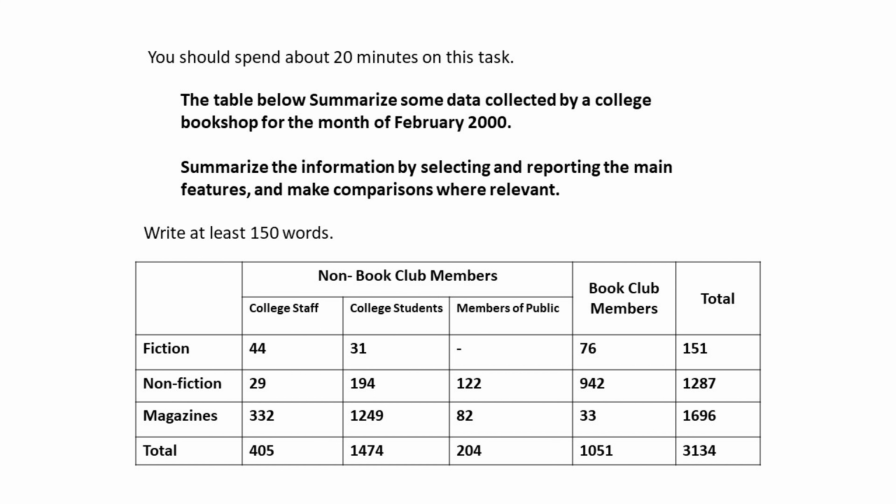And then you have different kinds of sales, that is college staff buying 405 books, college students 1474 books, and you can see the total sale is 3134 books. So having gone through the question statement and the table, let us now go to the introduction.